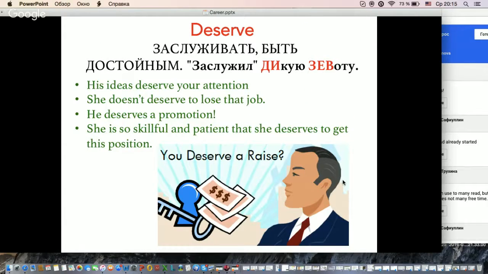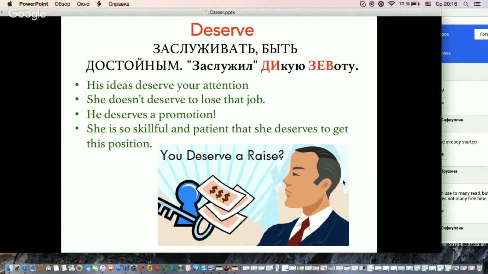So what goes next? Deserve. Заслуживать, быть достойным. Заслужил дикую зевоту. His ideas deserve attention. Его идеи заслуживают внимания. She doesn't deserve to lose that job. Она не заслуживает того, чтобы терять эту работу.